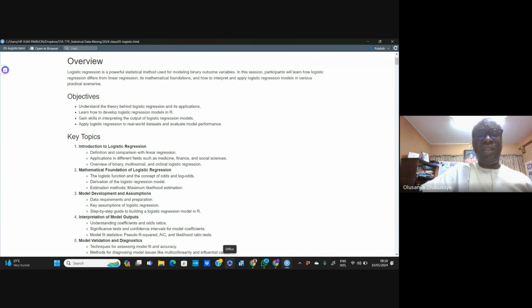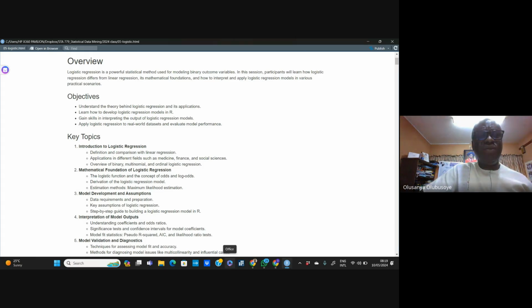So you will see the R snippet and the output for implementing logistic regression, and even be able to interpret the outcome.